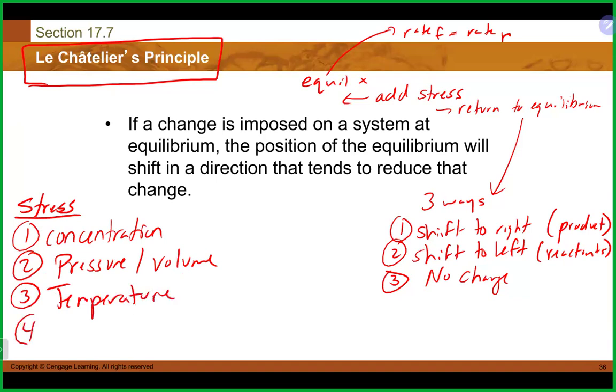And lastly, you could add a catalyst, which, as we talked about earlier, is something that you add to a reaction, ultimately to speed up the chemical reaction. It is not a reactant nor a product, nor does it get used up. So we're going to go through each of these and explain what happens when you do something to a system at equilibrium.